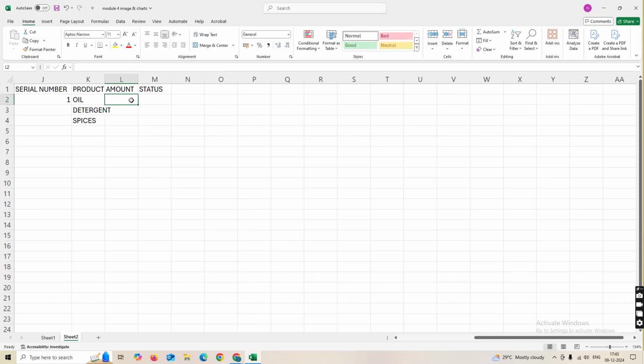When we go to serial number 2, then 3, then 4, every time it is increasing by 1, isn't it? So the formula will be plus one.